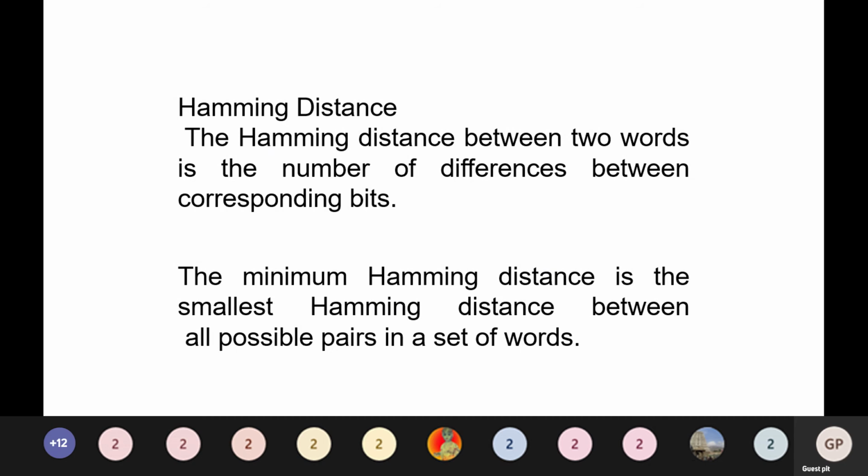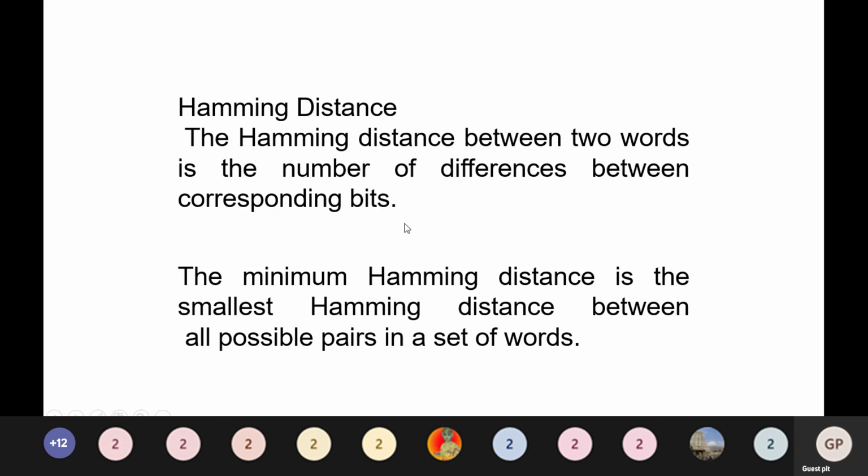Hamming distance, Hamming weight, all these things you can find out. Hamming weight is the number of non-zero elements in the code word. Hamming distance, you can easily calculate: the number of differences between the corresponding bits.